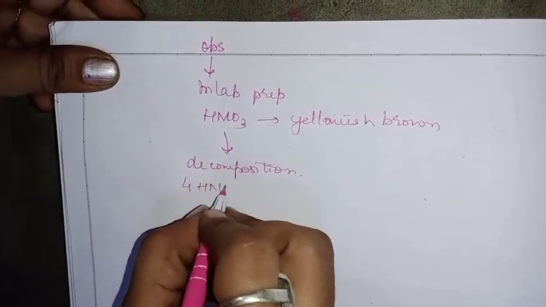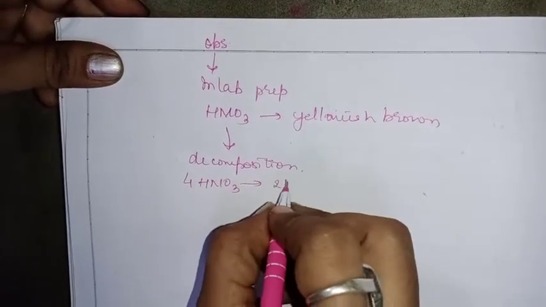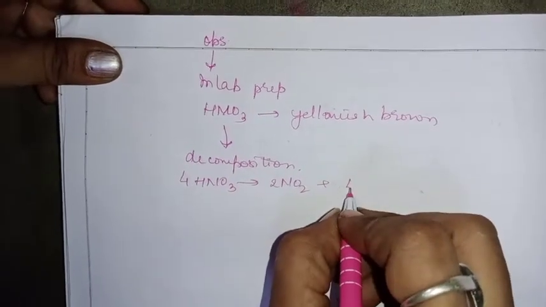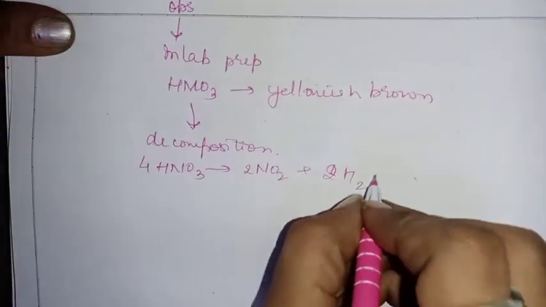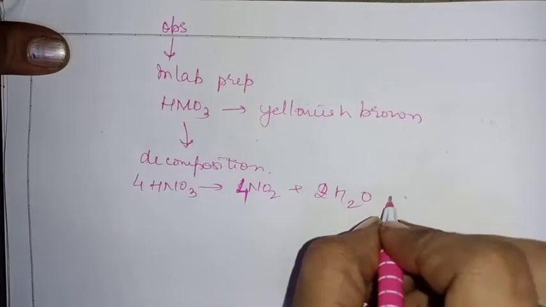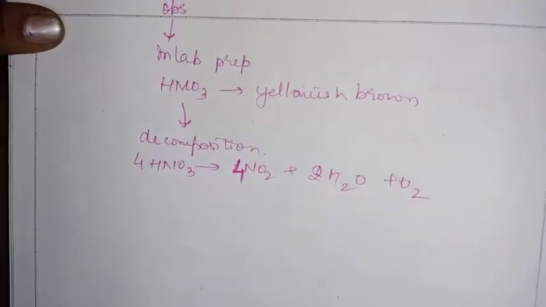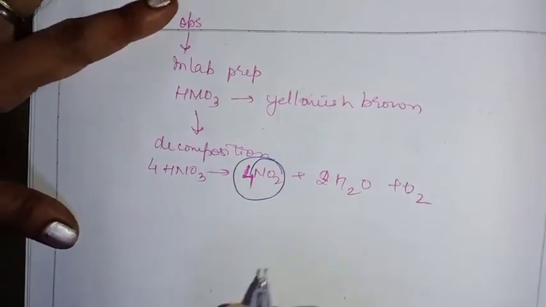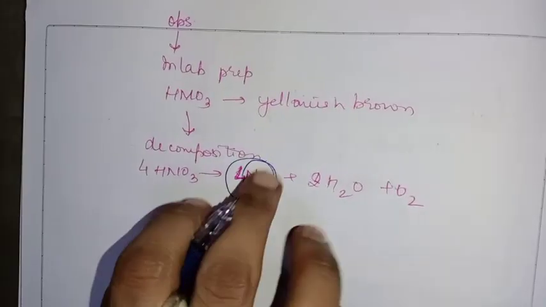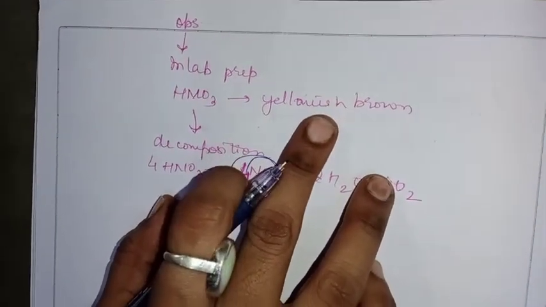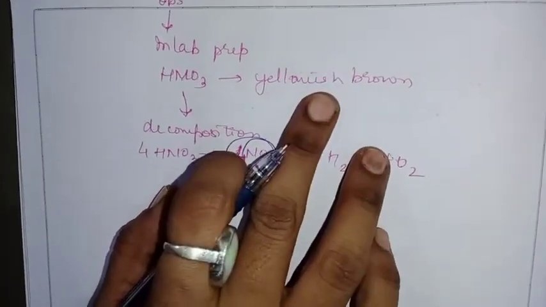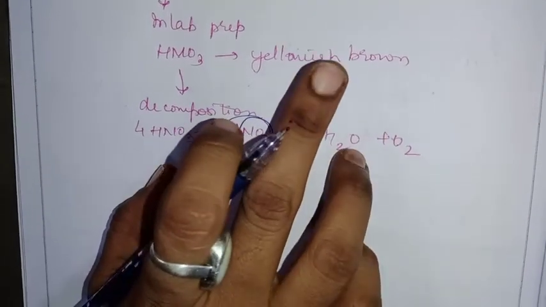That is, 4HNO3 will decompose to 4NO2 plus 2H2O plus O2. This nitrogen dioxide has a reddish brown color which will impart its color to the solution. Hence the solution is yellowish brown. Children, this you need to remember.